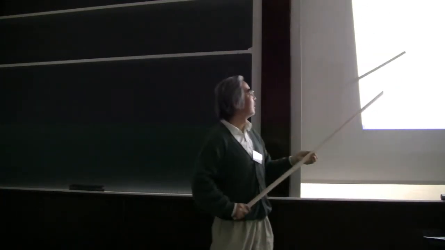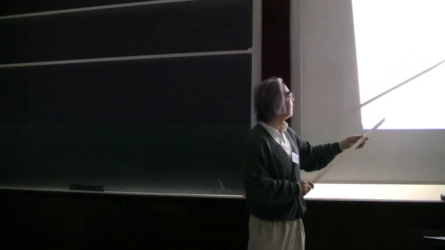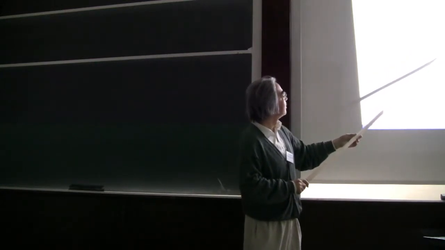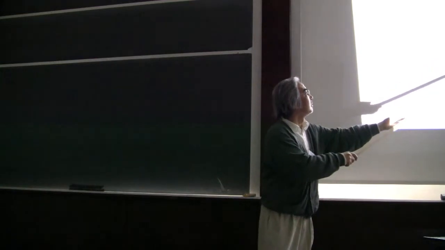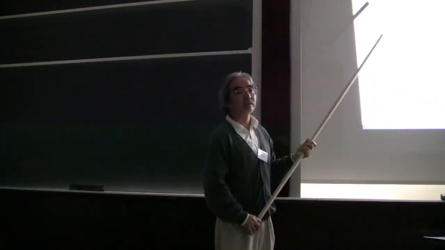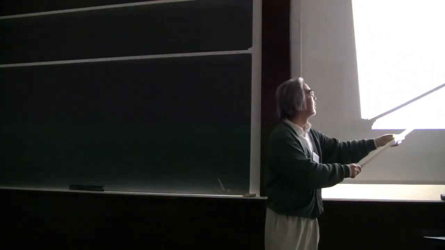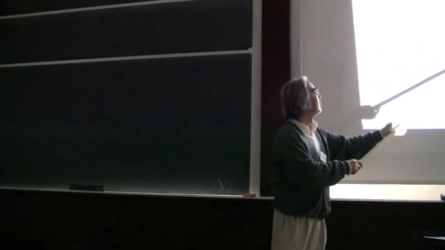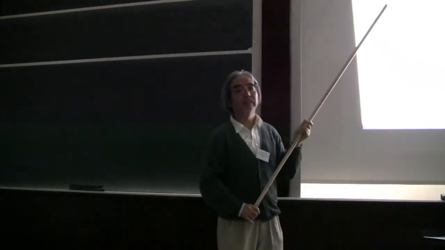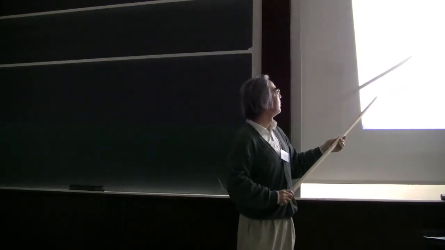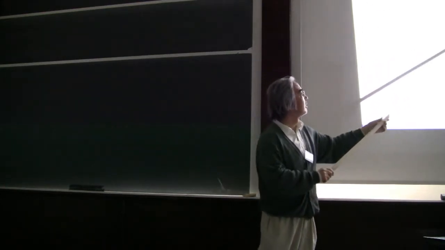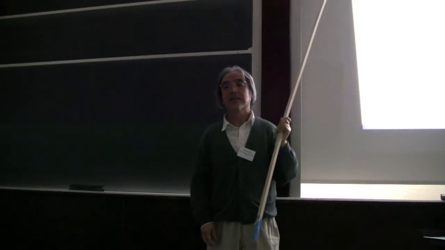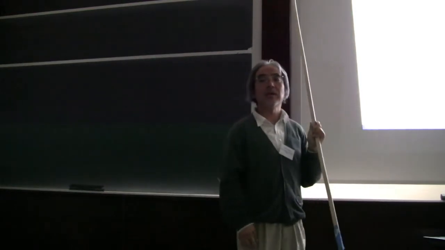So we can say that the Kashaev invariant goes like this value. Note that x1 up to xc are constants, so this is just a single complex number. And the asymptotic behavior of the invariant is like this quantity.